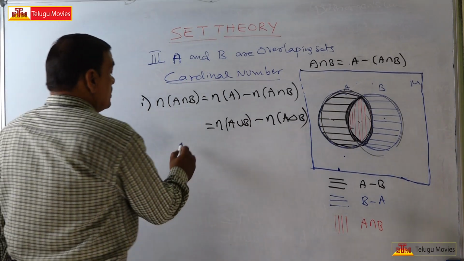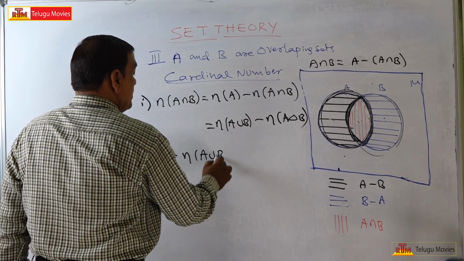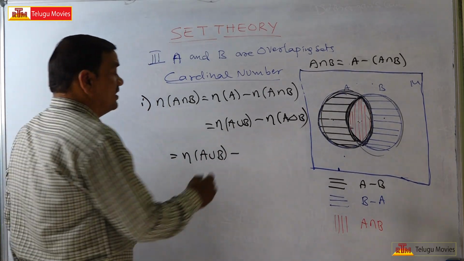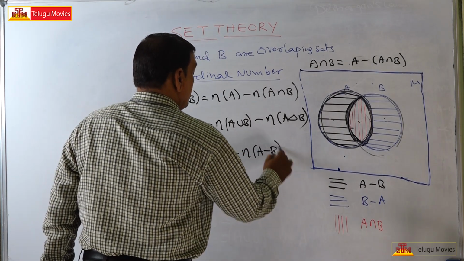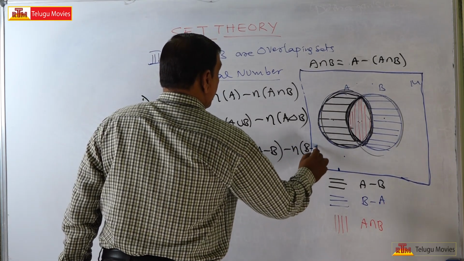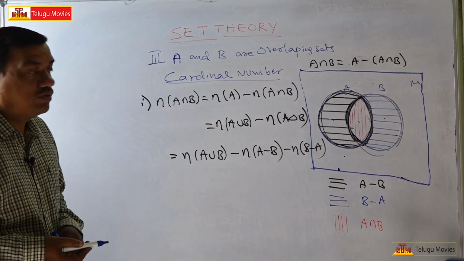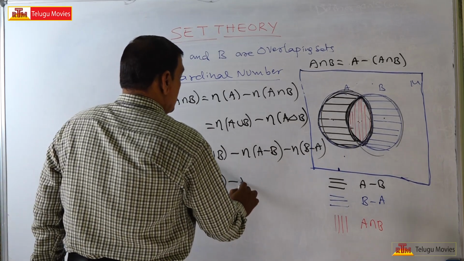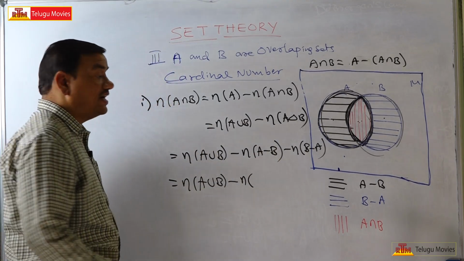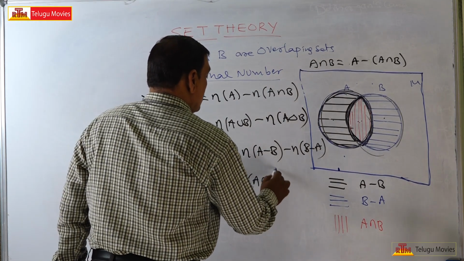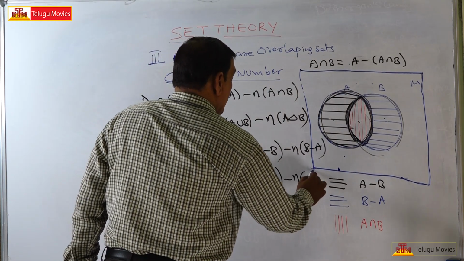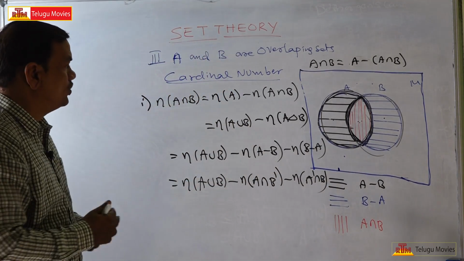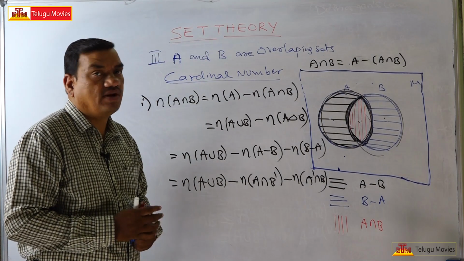A delta B means A minus B union B minus A, that is n of A minus B plus n of B minus A. Again you can write it as n of A union B minus n of A minus B, which means A intersection B complement, minus this is a complement intersection B. Like that, by seeing that diagram, you can write a number of formulas.